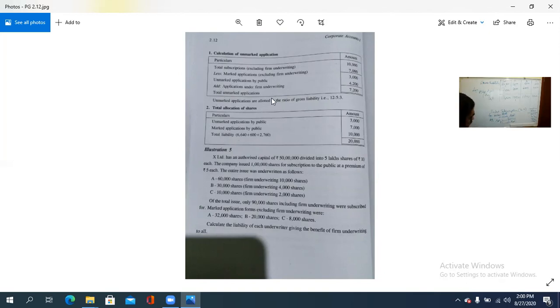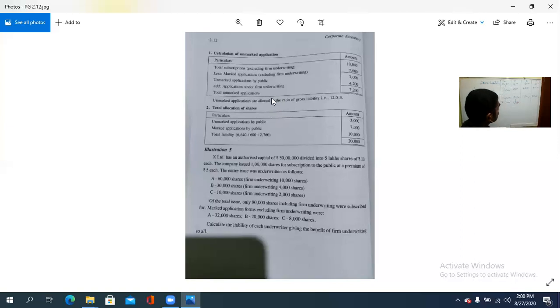Then that is to be apportioned among the gross liability, on the basis of the gross liability share. So 7,200 needs to be apportioned, less unmarked application. How is it to be? 12,000 divided by 20,000, that is 12 divided by 20, into 7,200. 4,320 for the first case.